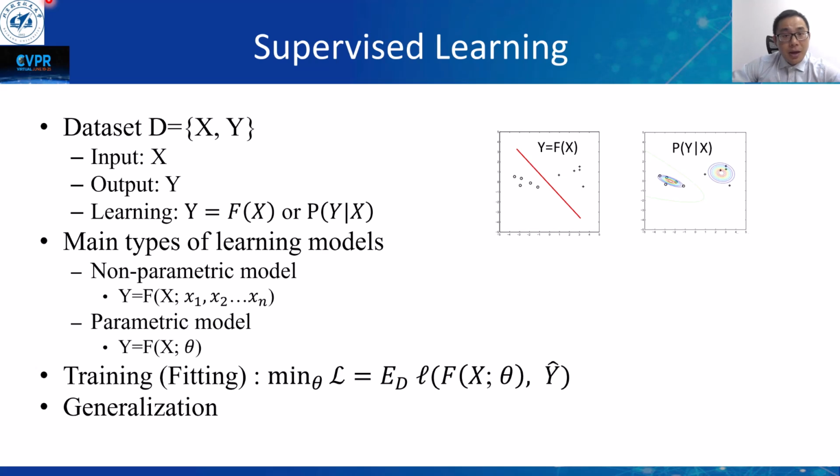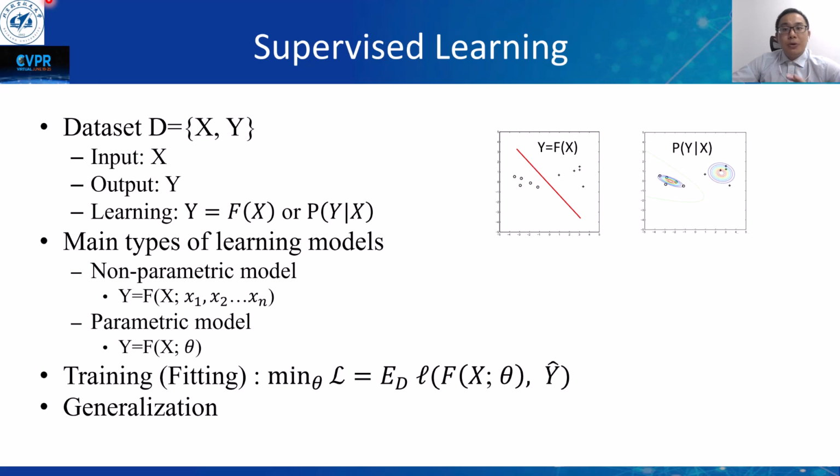Generally speaking, there are two types of models: the non-parametric model and the parametric model. For the non-parametric model, we usually store the training set when doing prediction for the new input. The model predicts the output of the input X based on the similarity between the input and the stored training examples. It seems that there is no explicit learning process.